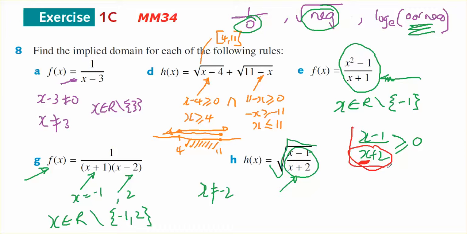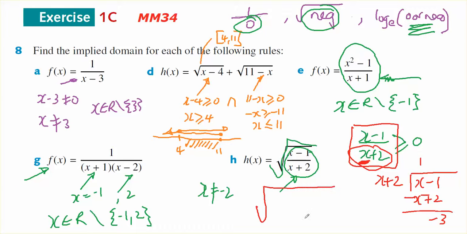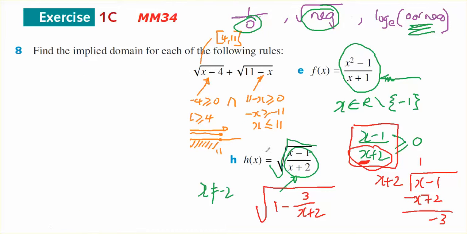So I'd like to explore what this is. I'll do a quick little division. So x minus 1 divided by x plus 2: x goes into x once, so x plus 2, and I'm subtracting the second, I have negative 3 as a remainder. So I've really got the square root of 1 minus 3 over x plus 2.